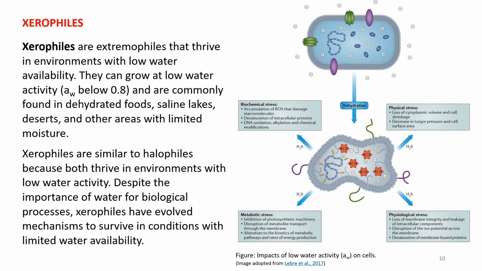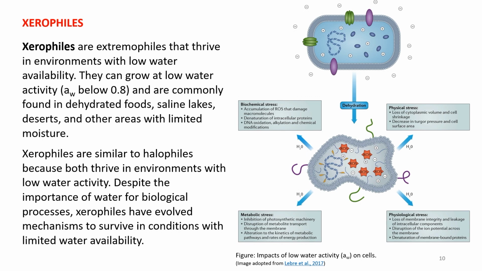Then under physiological stress there is a loss of membrane integrity and leakage of intracellular components, disruption of the ion potential across the membrane, and denaturation of membrane-bound proteins. Under metabolic stress, there is inhibition of photosynthetic machinery, disruption of metabolite transport through the membrane, and alteration to the kinetics of metabolic pathways and rates of energy production.